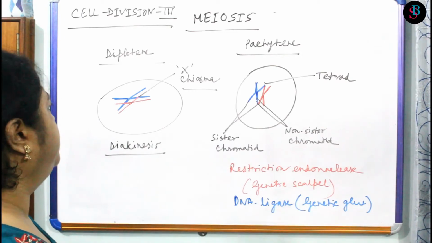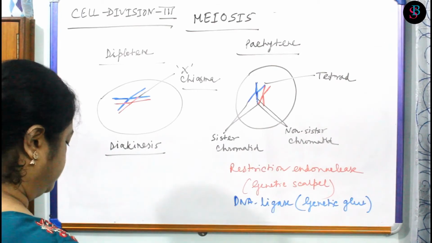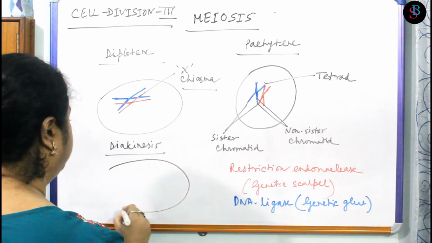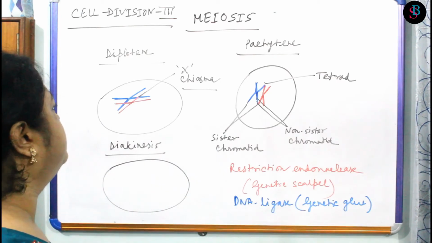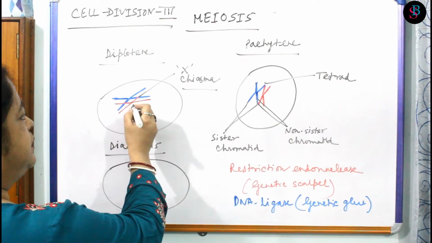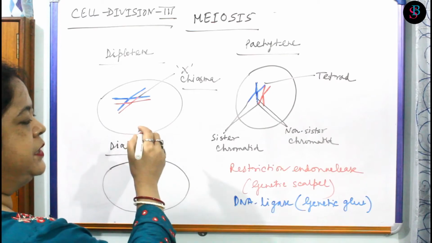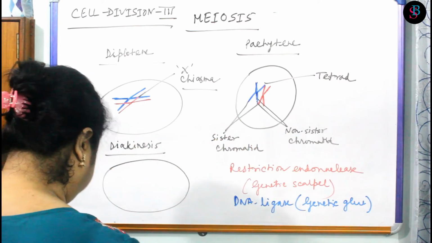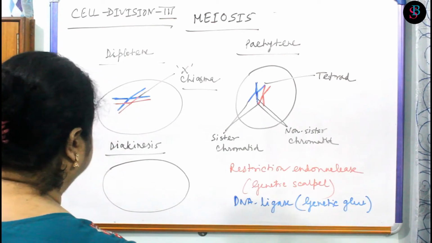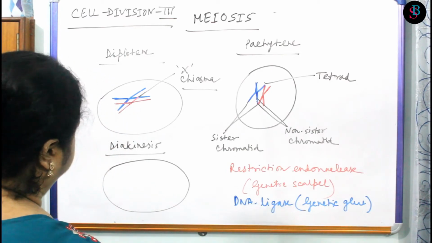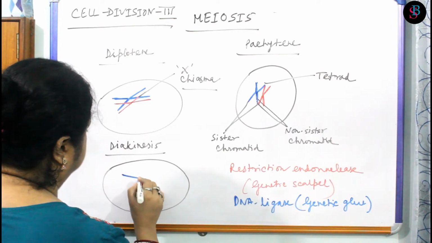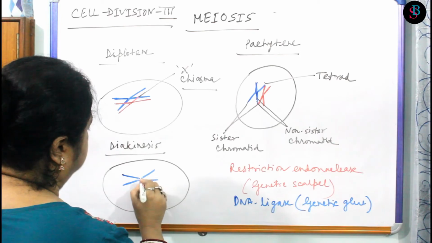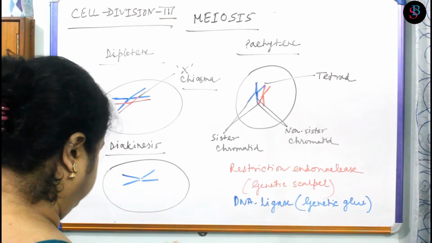So in diplotene, the chiasma is completely observed prominently, and in diakinesis there is the movement of the chiasma towards the chromosomal end. Chiasma formation is taking place just near to the centromere, and gradually it will move towards the end, and that's known as terminalization.